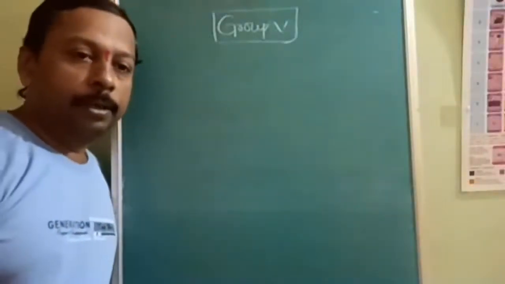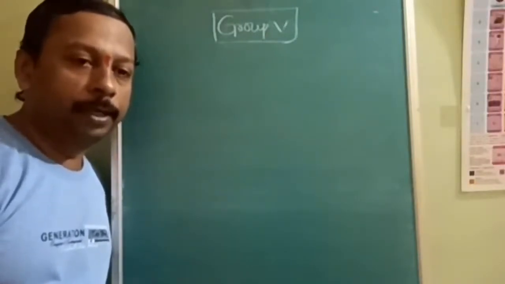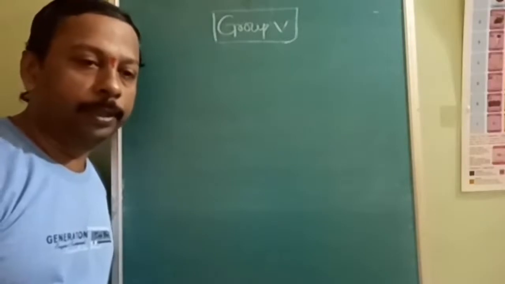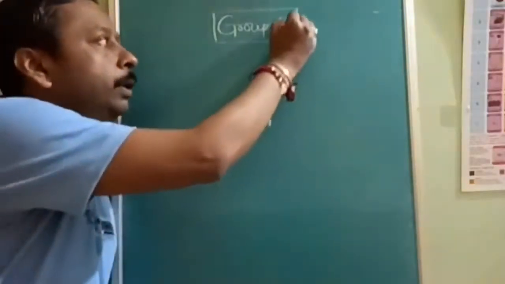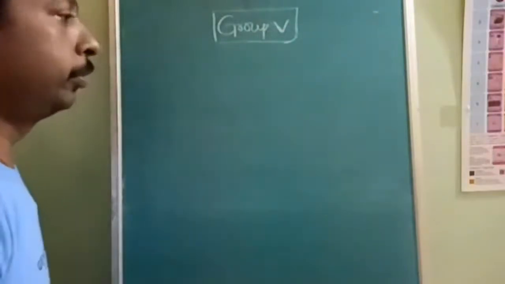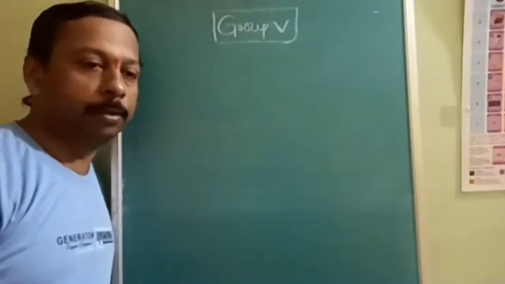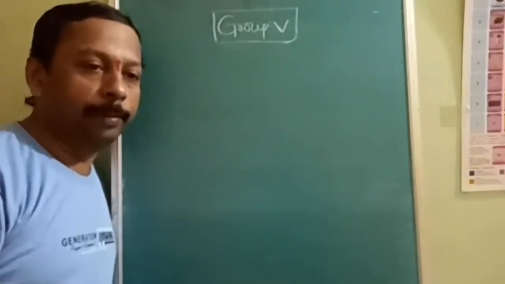Okay, students, now we are going to start, after completion of the fourth group, the fifth group. If possible, we will try to complete the sixth group also in the same lecture. So the fifth group is basically made up of alkaline earth metal group elements.